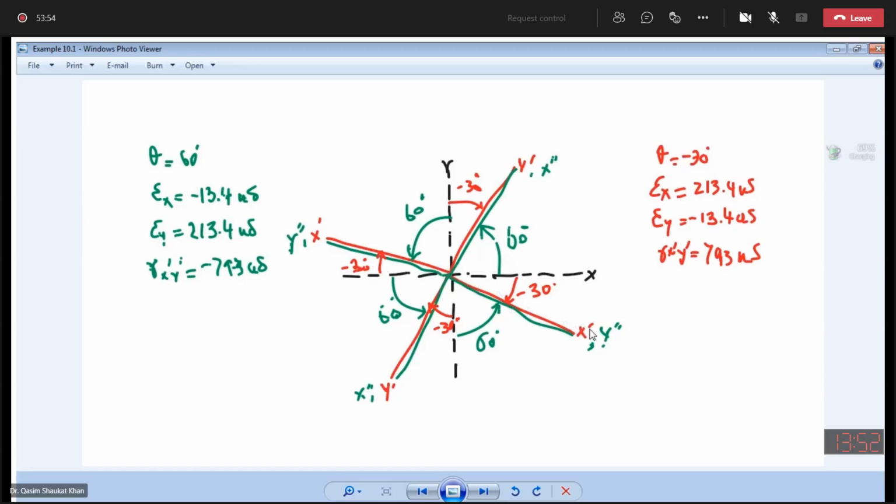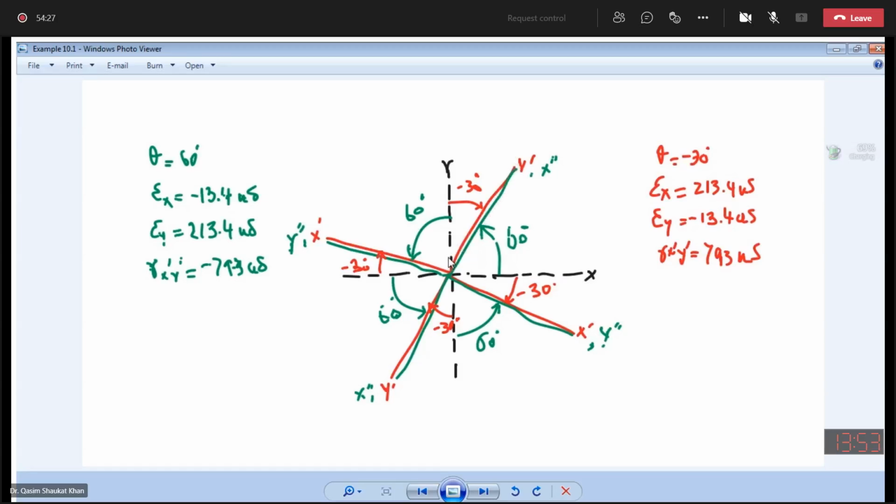Now, if you see, along x dash it is 213, and along y double dash it is 213 as well. So over this plane, your strain is 213 microstrains, and over this plane, your strain is minus 13.4 microstrains.